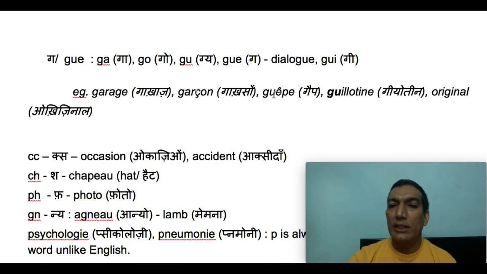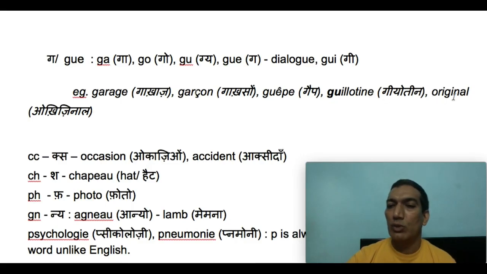Gap. Here you see an example where u is not pronounced, but just to say that g is g and not j. Then another example is gui, guillotine. As I told you, eu is pronounced as one sound, but here u is not pronounced, so guillotine.